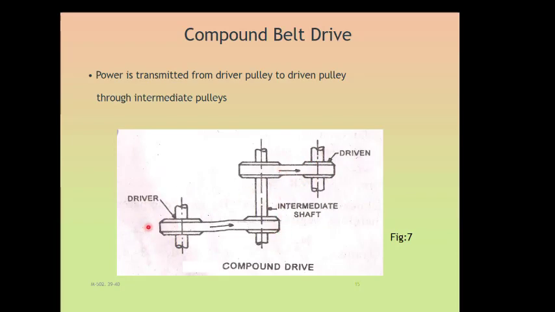Likewise, the driver is N1 and the driven is N4. How? This is N2 and this is N3. The power has to be transmitted from 1 to 4, that is N1 to N4. These are the helping shafts or helping drives.